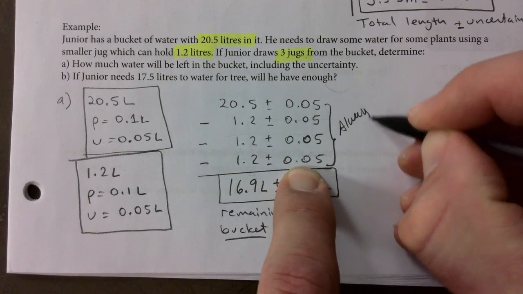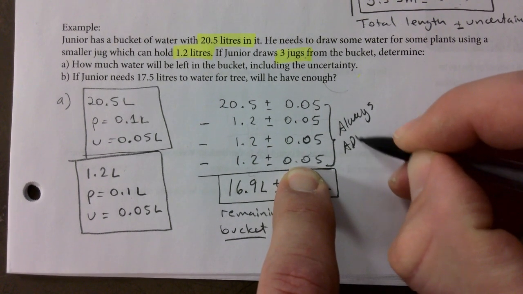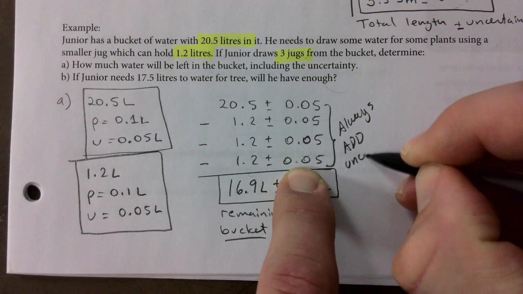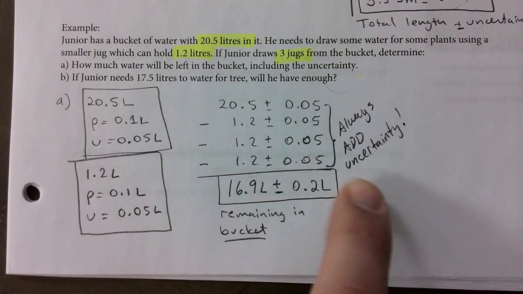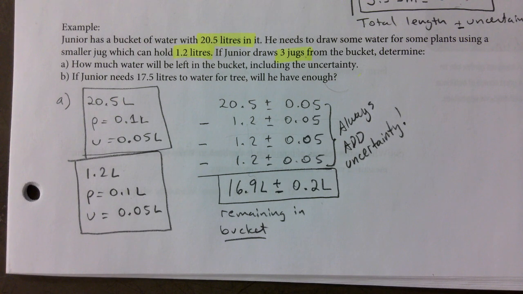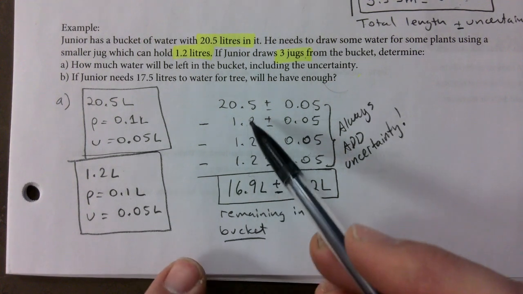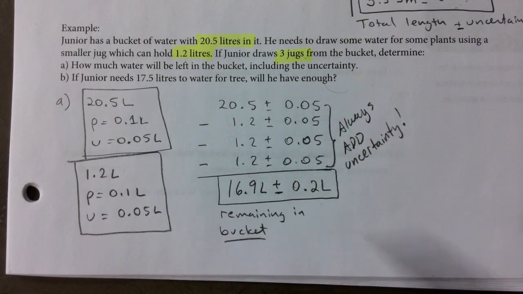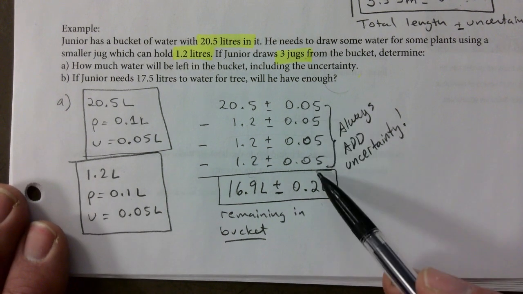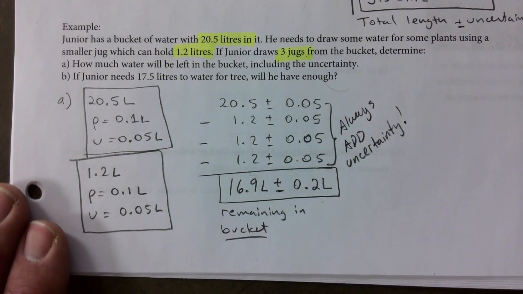Always add uncertainties, regardless of whether or not this involves subtracting the actual measurement. We had to subtract the amount of liters because it's going down, but the uncertainties always get added.